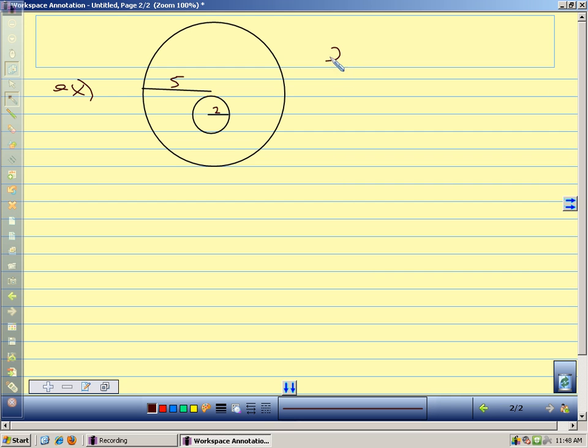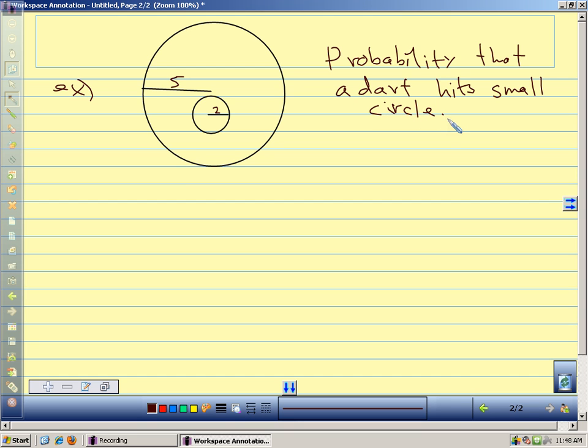And we want the probability that if we throw a dart at random, that it hits the small circle. So we want to figure out what are the chances that if we throw a dart at this target at random, that it lands in the small circle. Anybody have an idea of how we would figure that out?